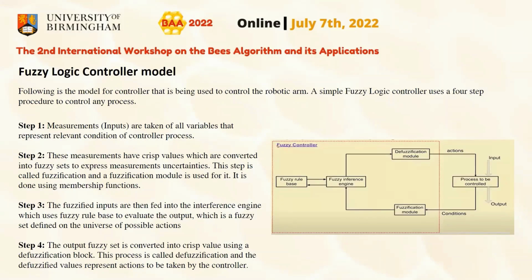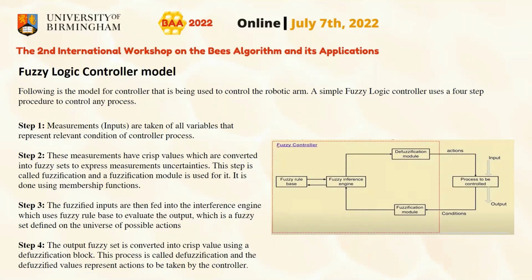Coming next to the model, what the entire model has. In step 1, we'll be taking the crisp inputs from the process that we will be controlling. In our case, it is the robotic arm. We'll take the crisp inputs and feed them into the controller. The inputs will be the error in position and the error in angular velocity.